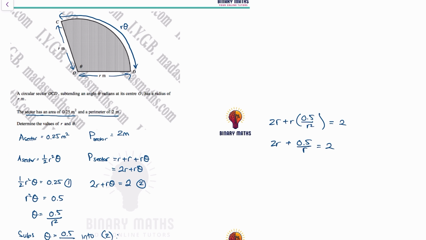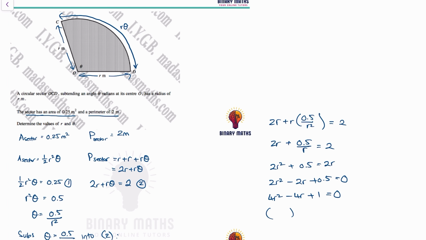I multiply through by r to get rid of the denominator. I get 2r squared plus 0.5 is equal to 2r. If I take everything to the left-hand side, I get 2r squared minus 2r plus 0.5 is equal to 0. I don't like the decimal, so I'm going to double everything. So I get 4r squared minus 4r plus 1 is equal to 0.